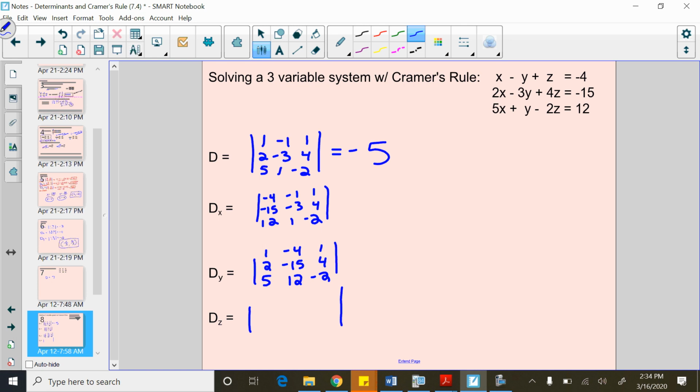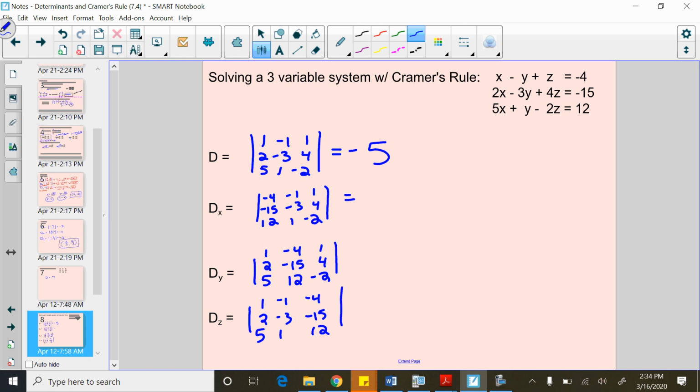And we can continue on now by putting our determinant with respect to z. So that determinant with respect to z is going to have the exact same x's to start, the exact same y's to start, but in place of the z's, now you're putting each one of the constants that we have. So this is where I recommend pausing the video, going through, finding the determinants of each one of these spots.